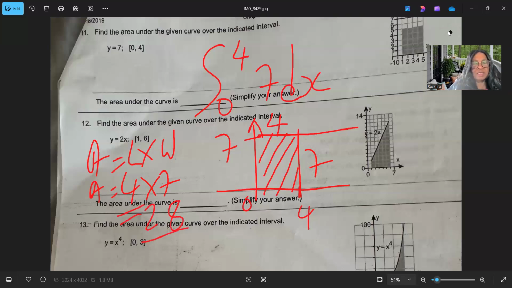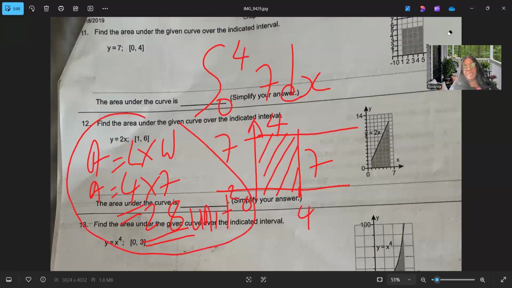Don't forget that is area. Even if there is no unit there, you put units squared. So that is the area geometrically. We found that the area under the curve is 28 units squared.